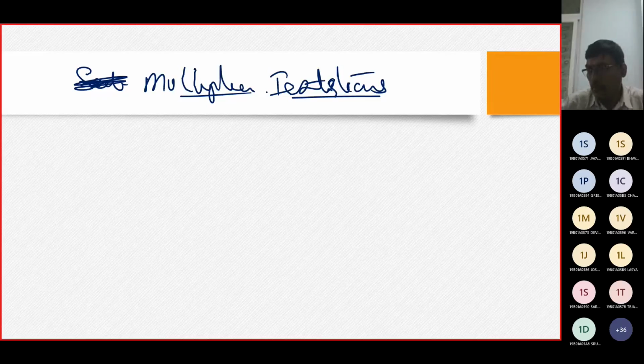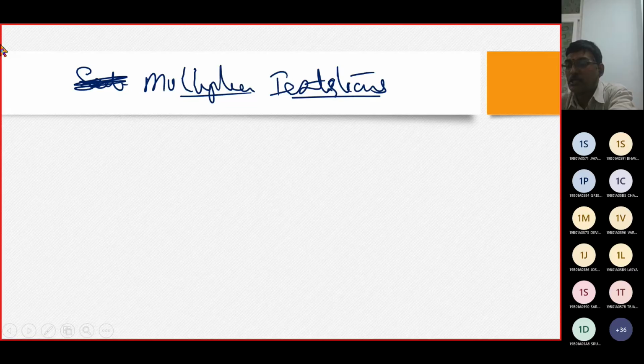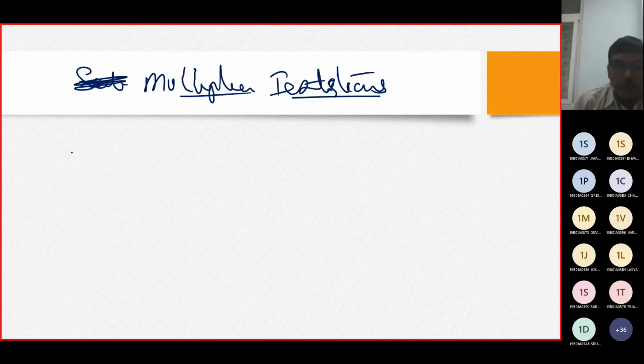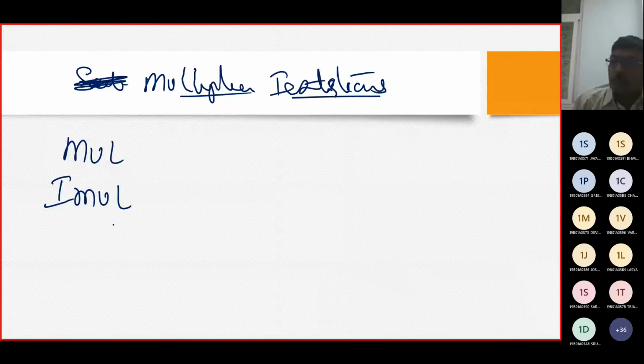When we are doing these multiplication instructions, we have only a set of instructions. One we call MUL, then IMUL, then AAM. So these are the primary ones.